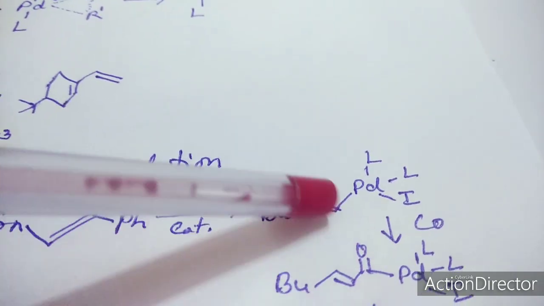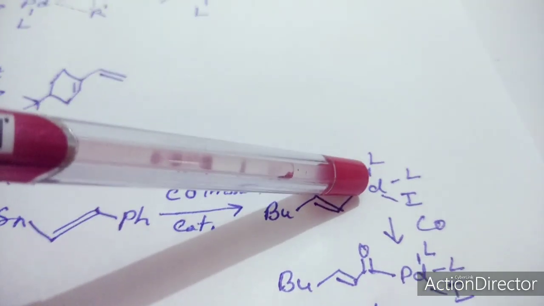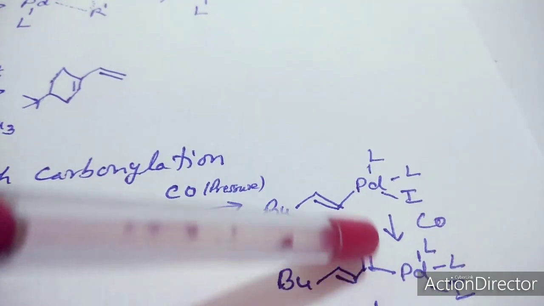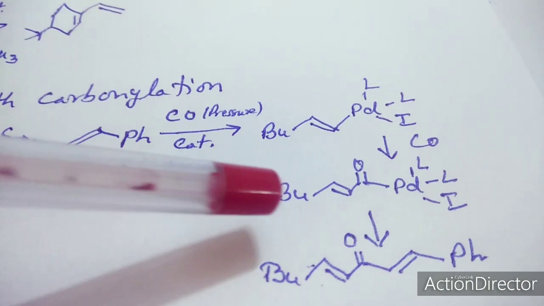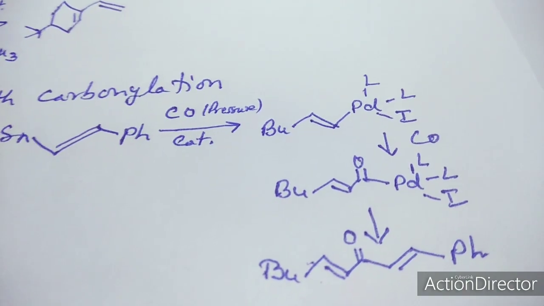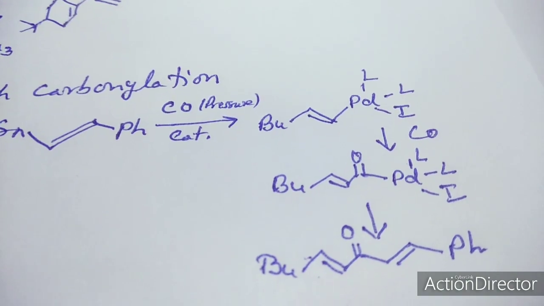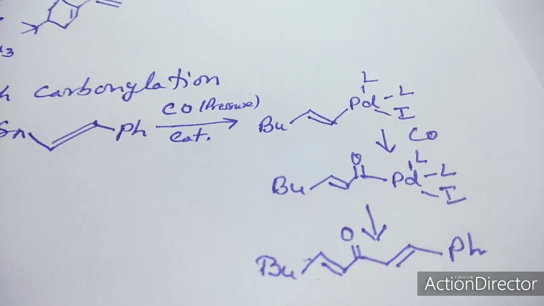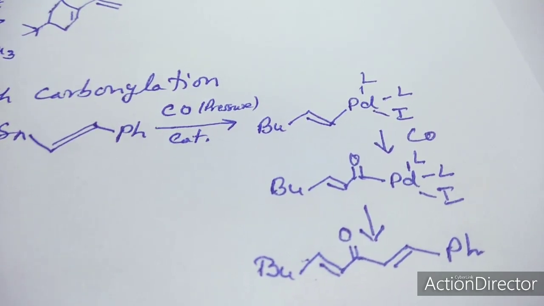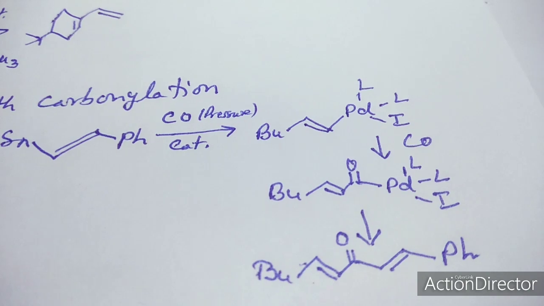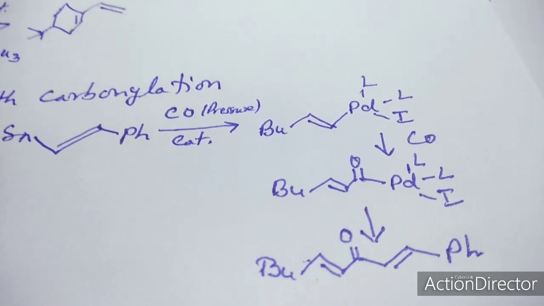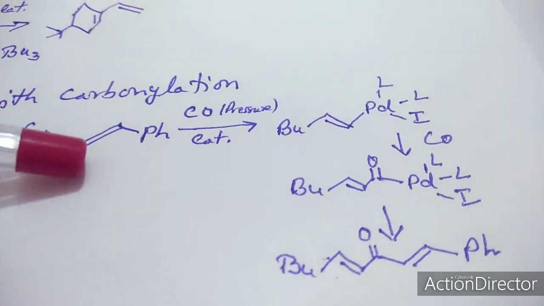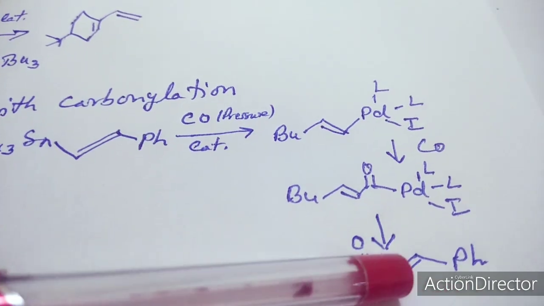It is added here in place, and this is inserted here, CO. So this is a very versatile technique. And in the last step, after this, when transmetallation occurs and reductive elimination, that is Pd(II) is converted to Pd(0), and at the same time transmetallation, that is this group is transferred across here.